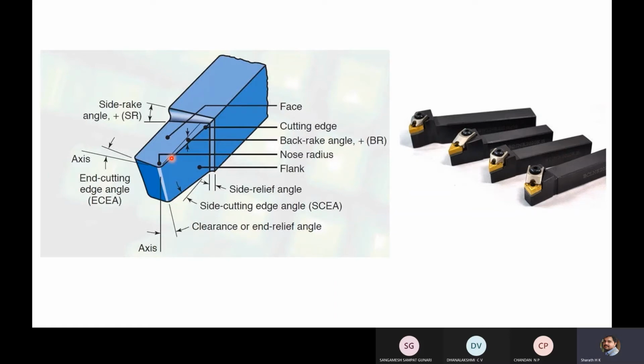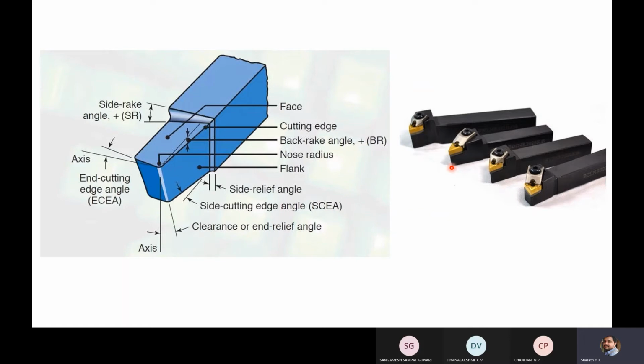If there is wear, again you should replace it. If it is a single assembly, you should replace the entire component, whereas here, if you replace only the tool insert, that is sufficient, and it is very small in size. That is another advantage.